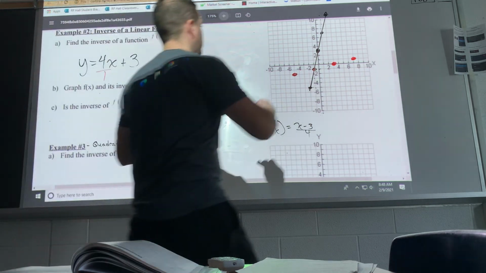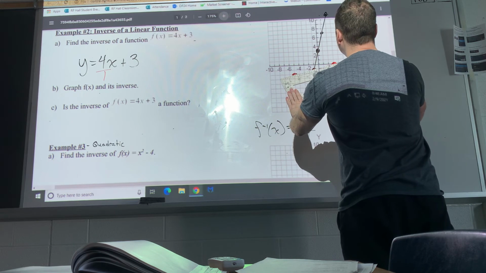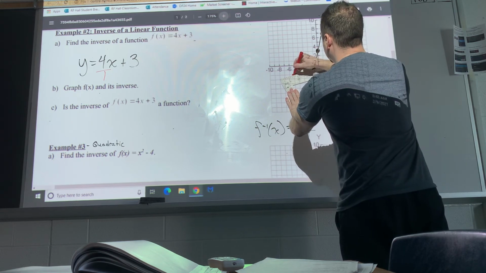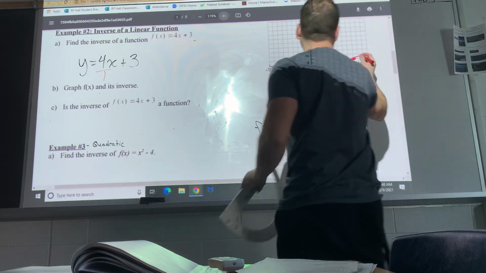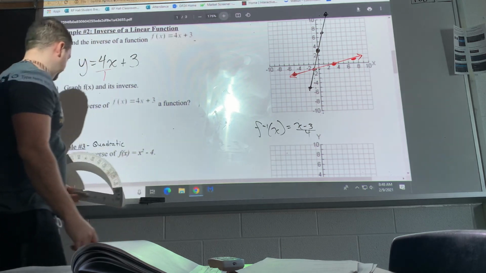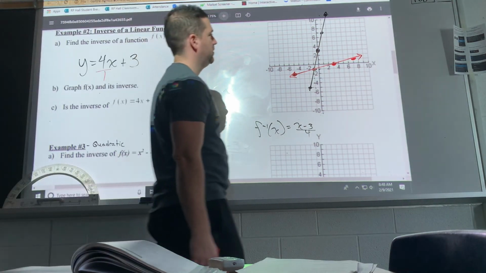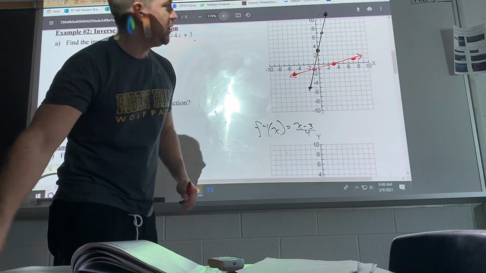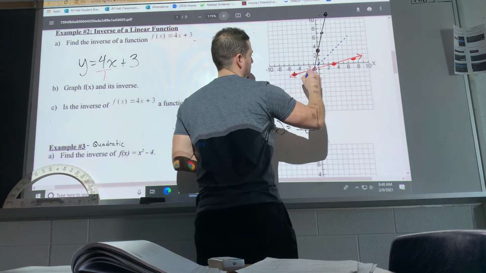So our inverse is as such. Okay, and again it gets reflected over the line y equals x.